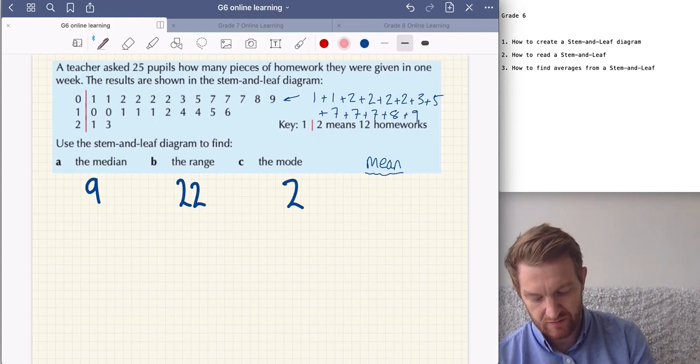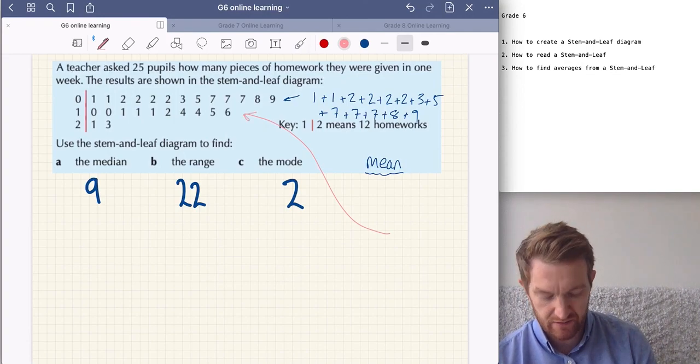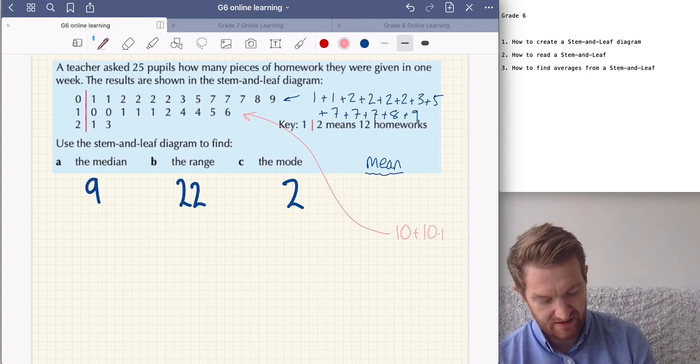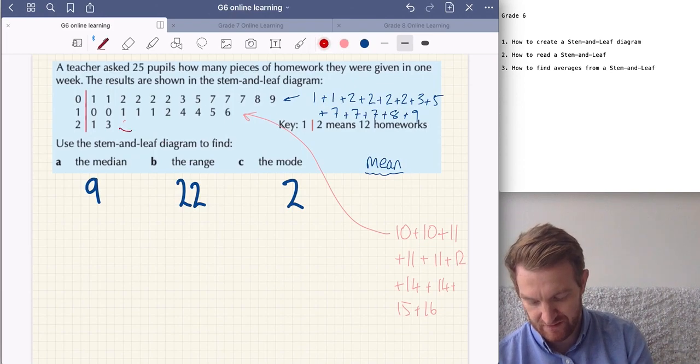Now in the second column, just be careful when you're doing the mean. It's not adding up 0 and 0, it's adding up 10 and 10. And then 11, and another 11, and another 11. And a 12, and a 14, and another 14, and a 15, and a 16. And then the final column is going to be 20, 20, 21, 21, and 23.